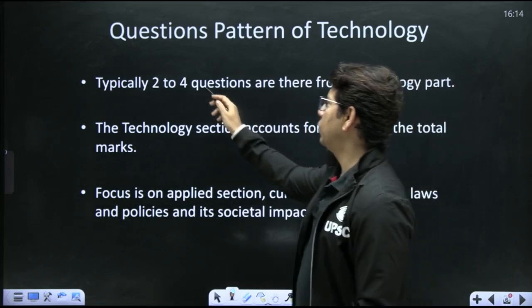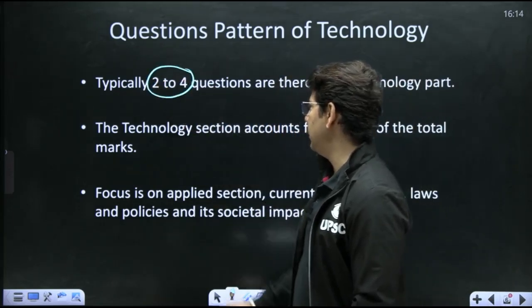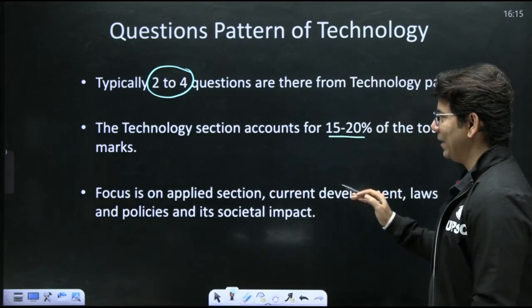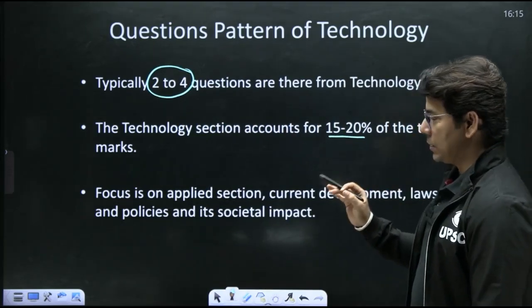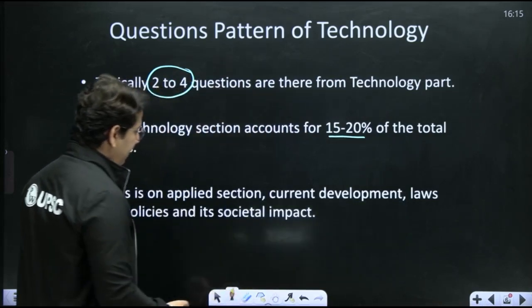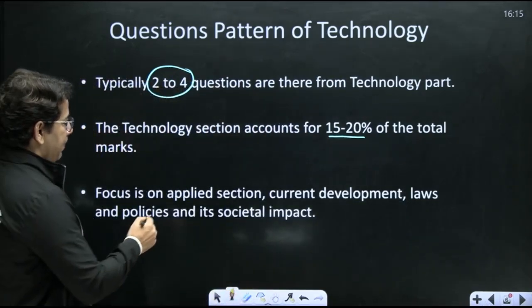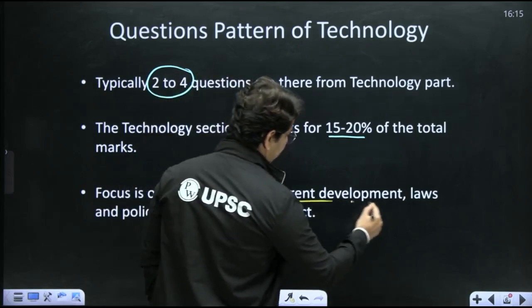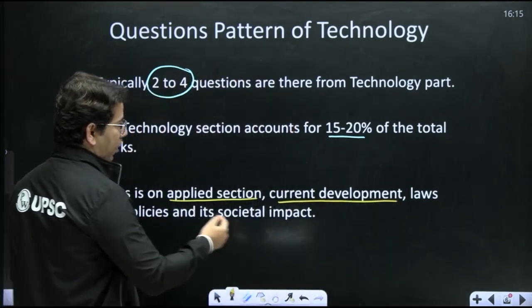So typically 2 to 4 questions are there, you can see. And like I told you, 15 to 20% of the total weightage. And the focus area, that's a very important part. The focus area of technology is the applied section. The first thing, application based, current development, laws and policies.